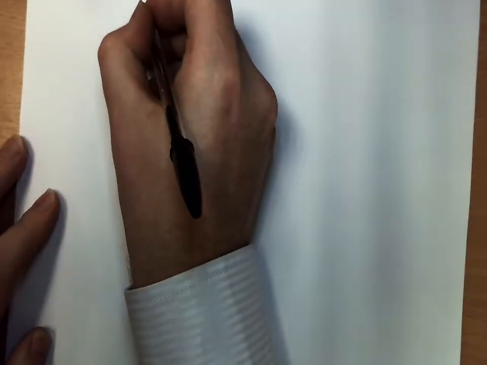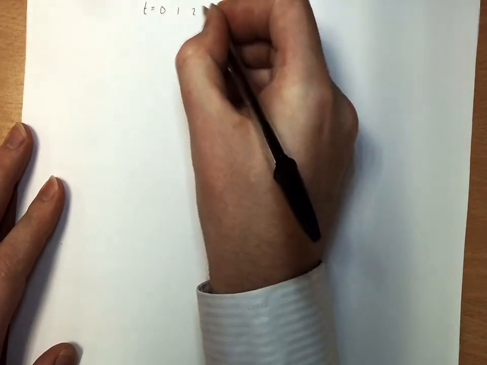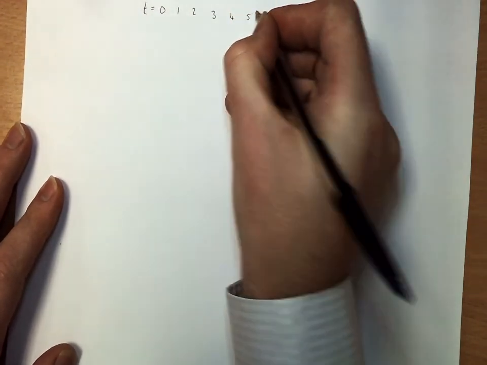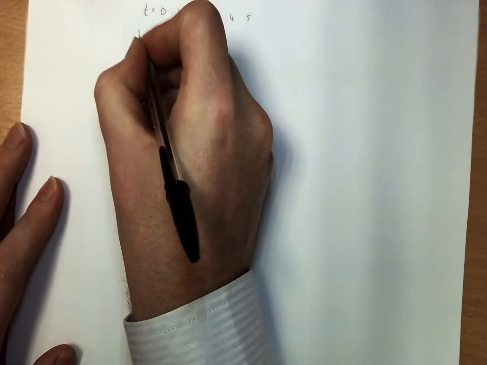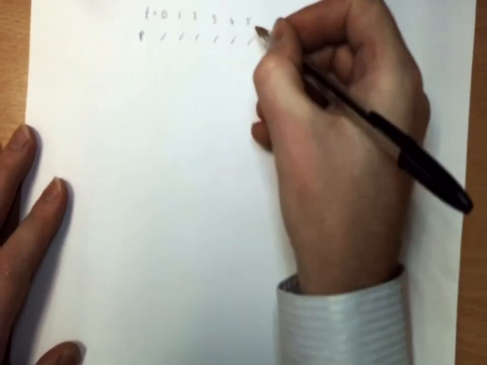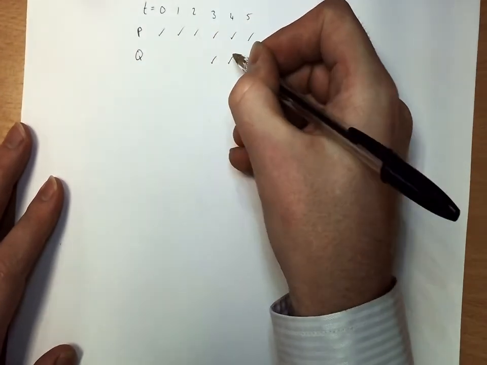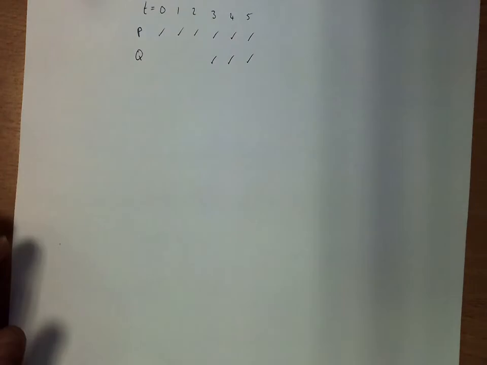So, what I'm going to do to try and explain this is I'm going to have a table of values. So I'm going to say that when t equals 0, 1, 2, 3, 4, 5, and so on, and that will go on forever. For particle P, it's travelling at 0, 1, 2, 3. It's travelling at all these times. For particle Q, it only travels from here, so it's starting afterwards.